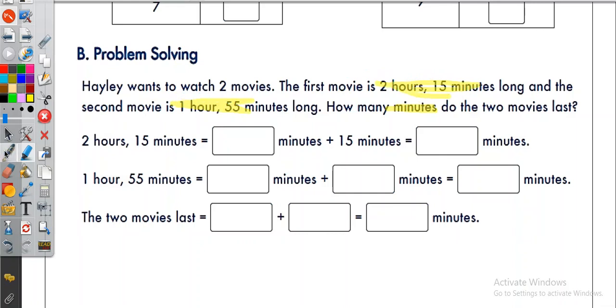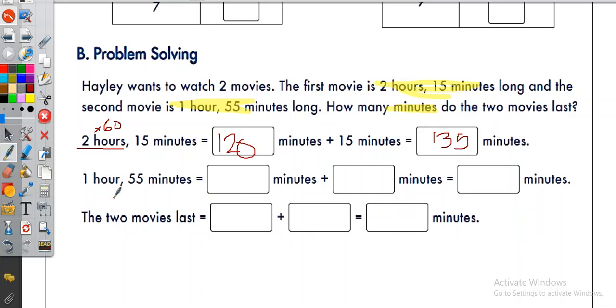Okay, what are we going to do? What we're going to do now is convert 2 hours and 15 minutes to minutes only. 2 hours, how many minutes do they have? Yes, just multiply them by 60. You will have 120 here. So 120 plus 15 is 135 minutes for the first movie.